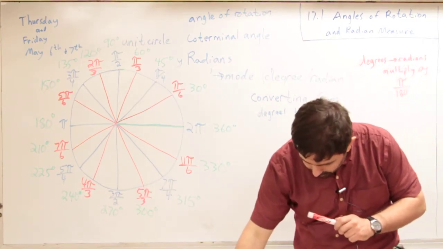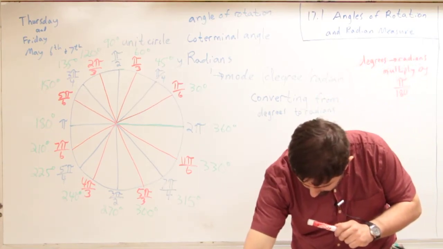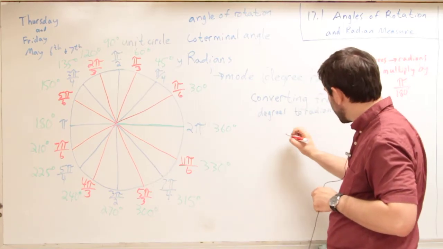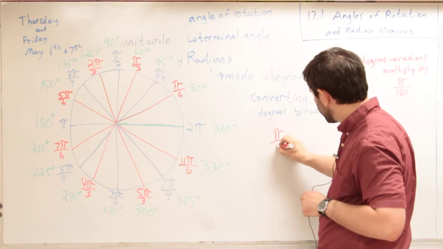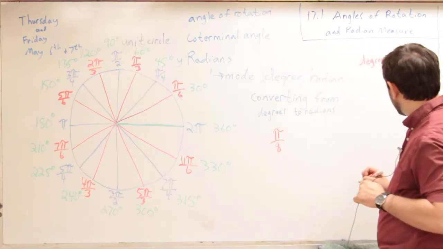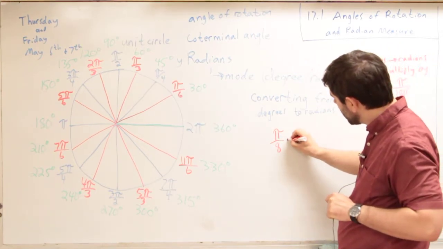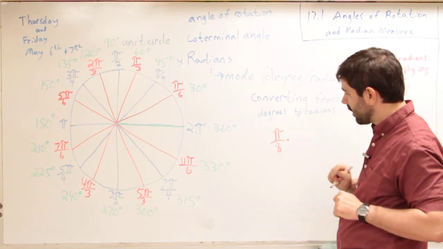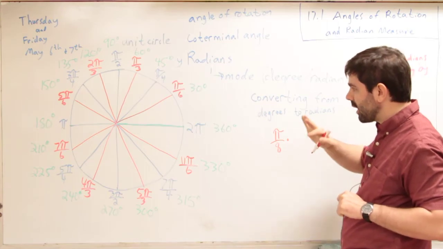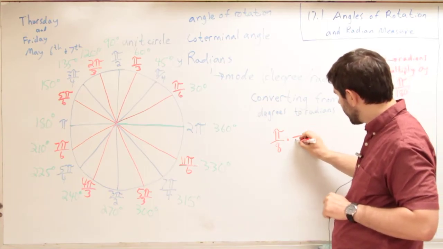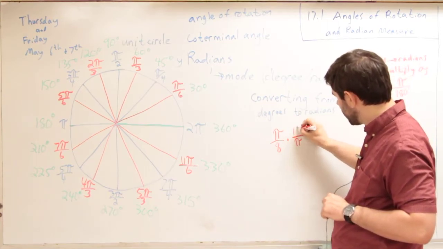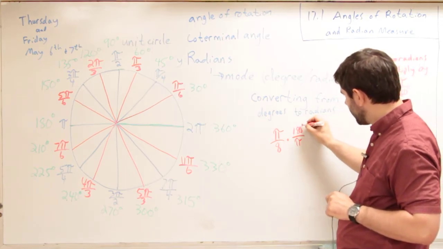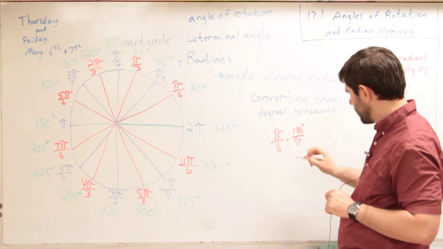Well, this is also very similar. Let's say we have pi over 8. Well, we want to go into degrees, so we want our pi's to cancel out. So we're still going to use 180 and pi, but pi is going to go on the bottom this time, so pi's will cancel out. That means 180 will go on the top. This is degrees, this is not degrees.